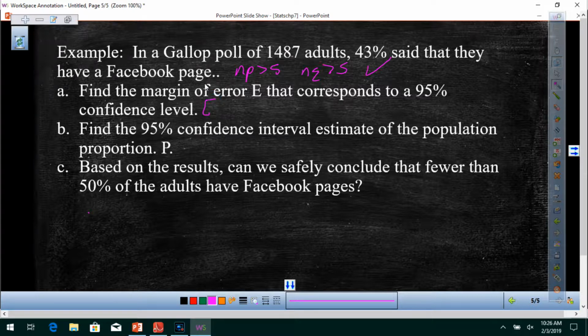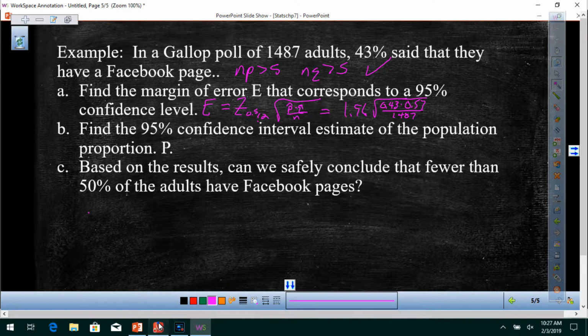So we've got E equals Z sub alpha divided by 2 times the square root of P hat times Q hat divided by N. So we're going to have 1.96 times the square root of 0.43 times 0.57 over 1,487.